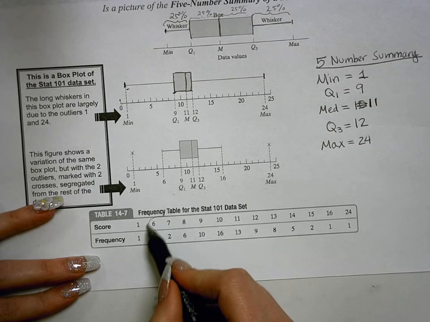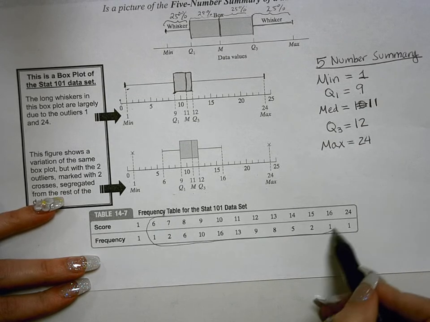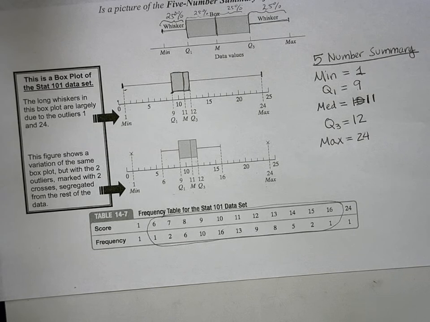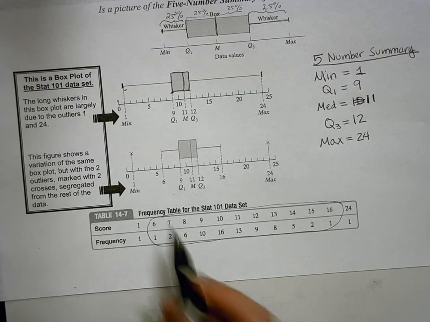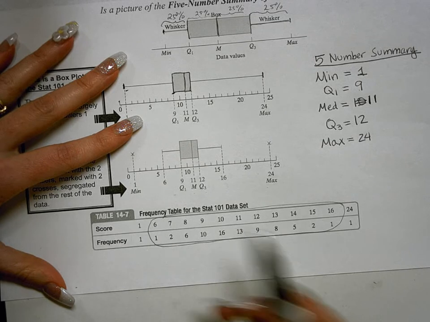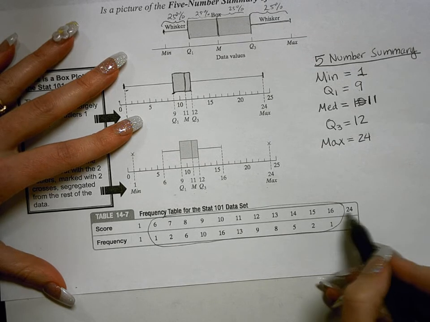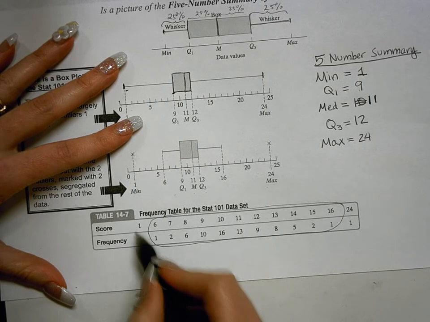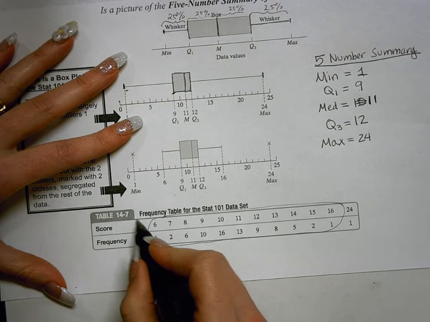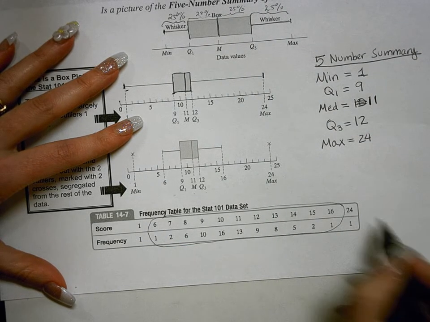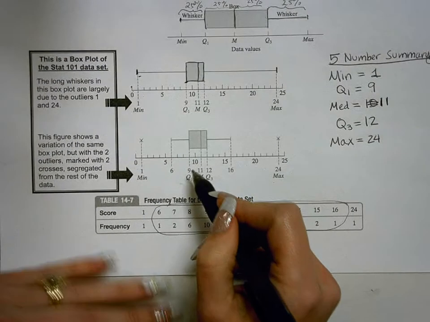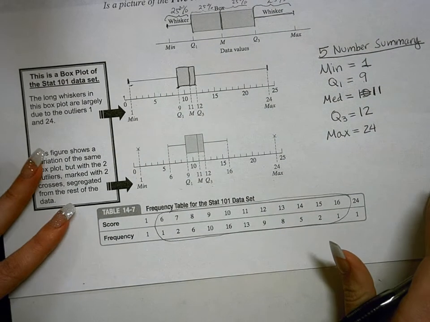So all of this information is clustered together, with distance between 1 and 6, and distance between 16 and 24. So the scores of 1 and 24 are the extreme data points, the outliers.